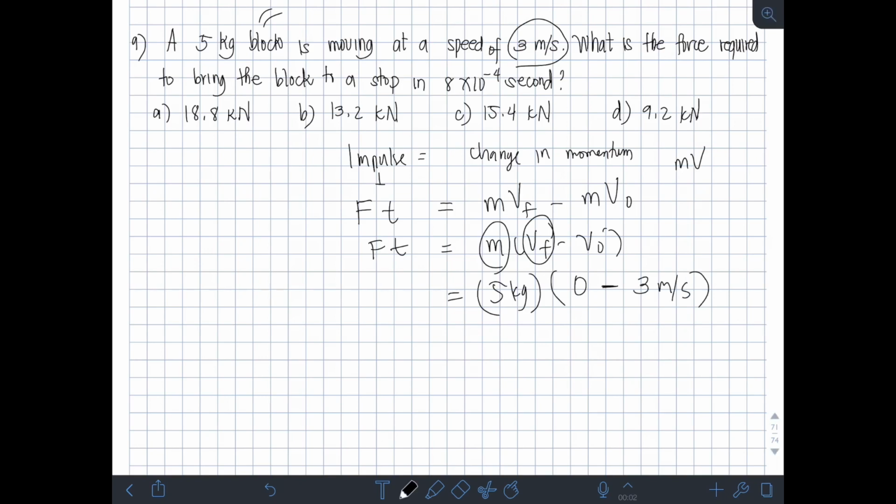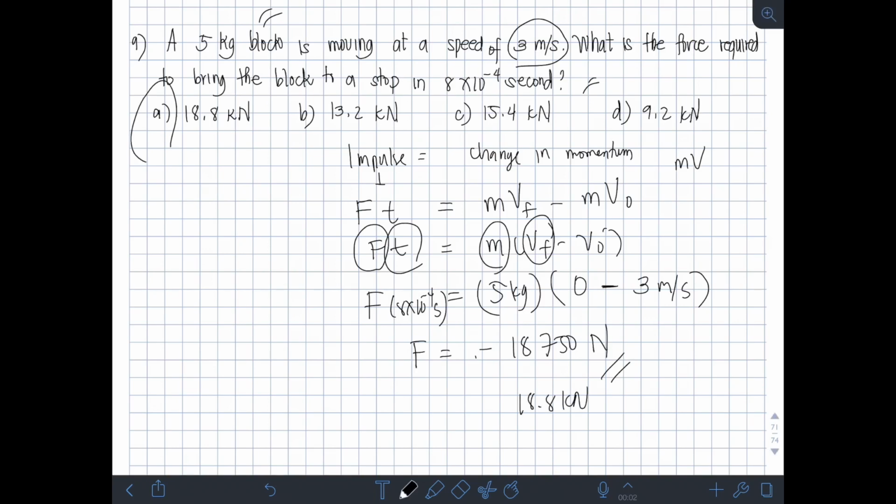And then, the force is the unknown, so F. And then, the time, the duration is 8 times 10 raised to negative 4 second. So, we can solve for F in this equation using algebra, manually, or using calculator shift solve. So, what value do we get? F is negative 18,750 Newton. So, we just take the magnitude, which is 18.8 kilonewton, right?